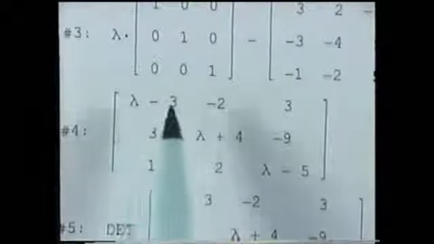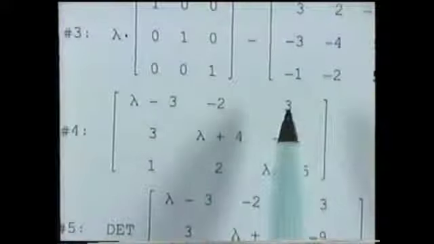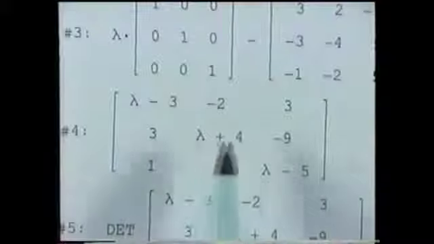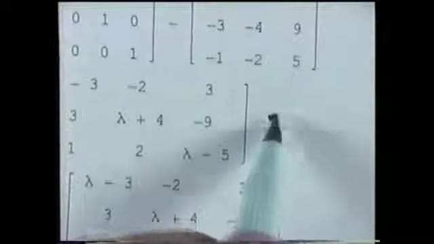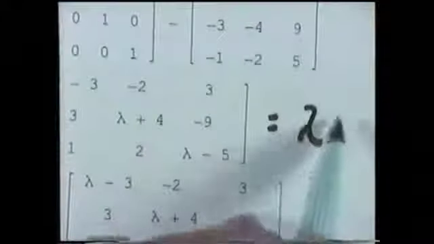And we have lambda minus 3, negative 2, 3; 3, lambda plus 4, negative 9; 1, 2, lambda minus 5. So this was the matrix lambda I minus A.